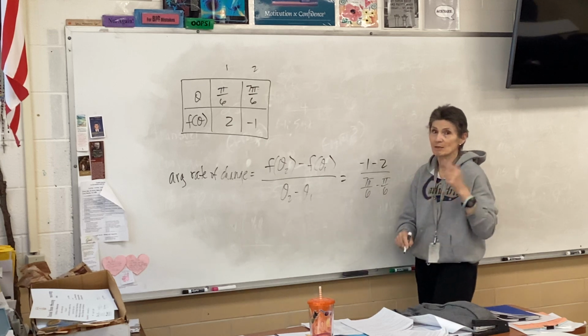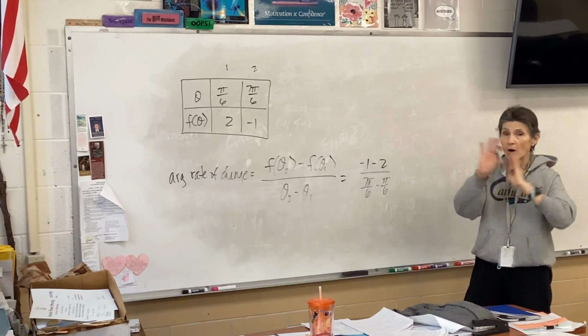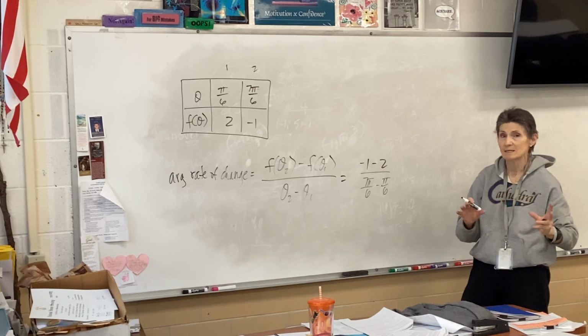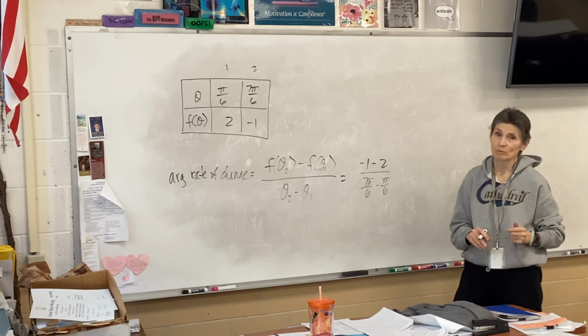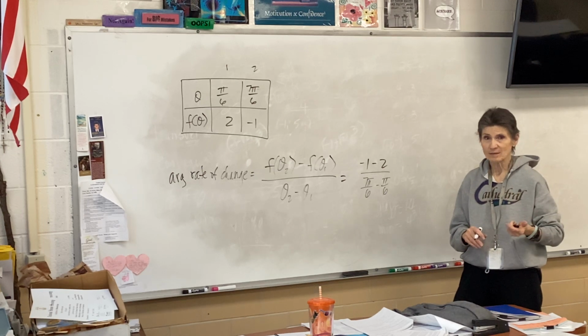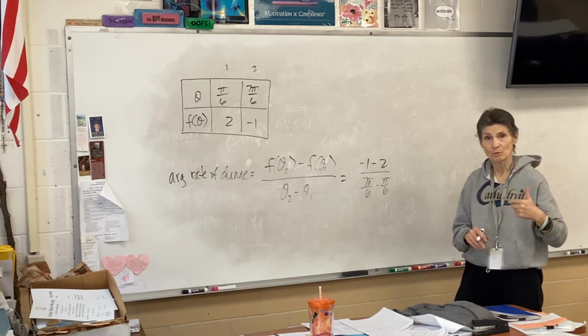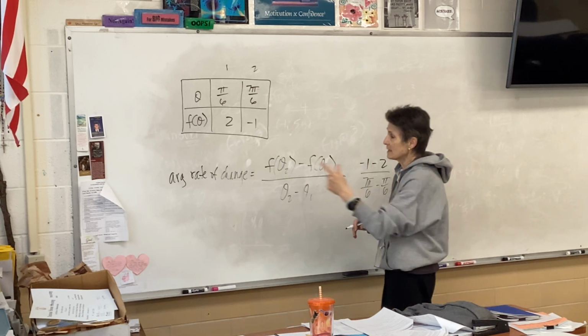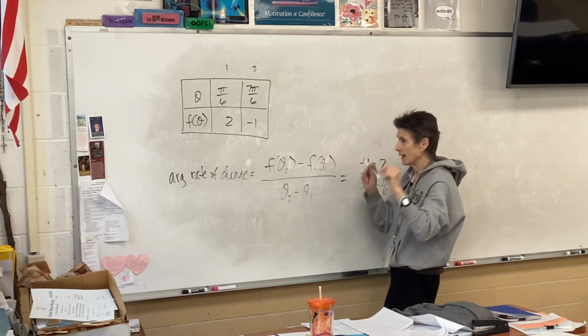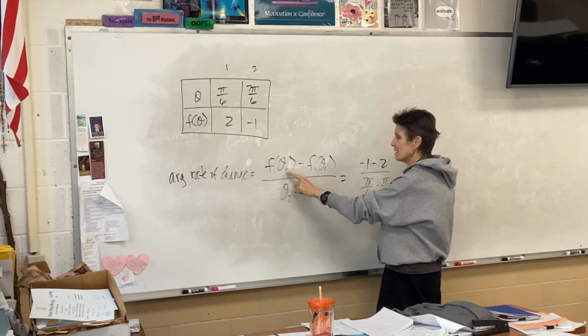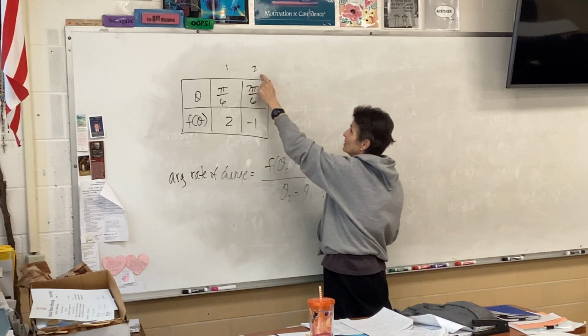Now, I just erased what I wrote. We know from all of our work with lines and finding slope that the order I subtract really doesn't matter as long as I do it the same on the top as I do on the bottom. So since I wrote my formula as 2 minus 1, I'm doing 2 minus 1.